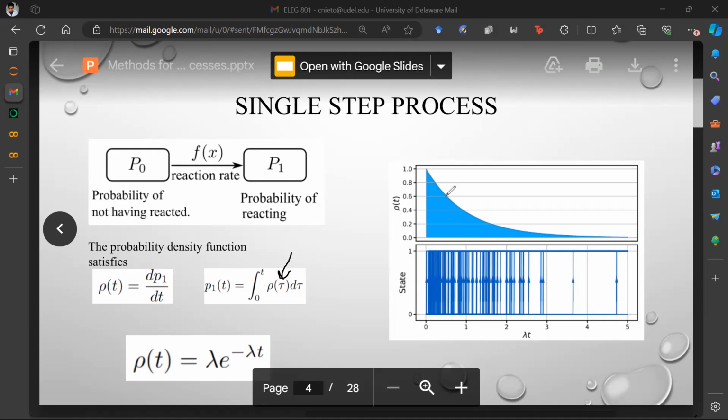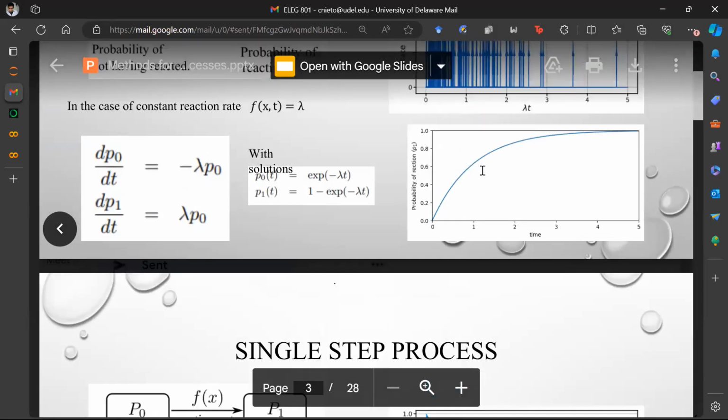So for instance, if you want to study what is the probability of having reacted at time 1, you take here, this is rho, and you take the integral, the area under this curve, and as a result, you're gonna get this value, no?